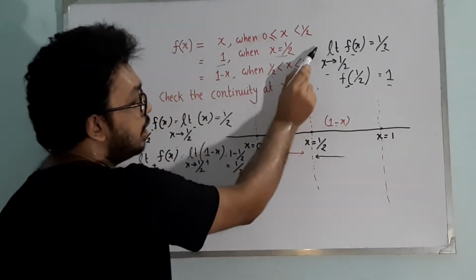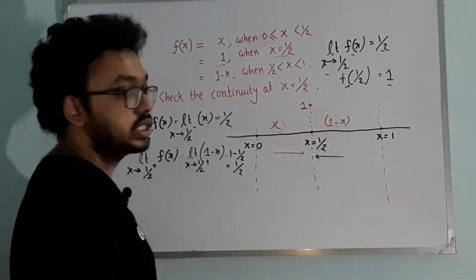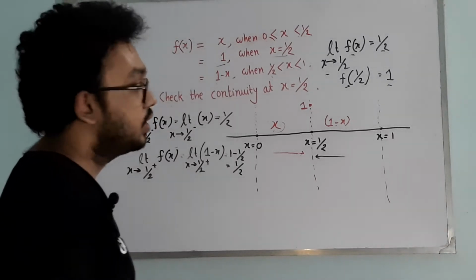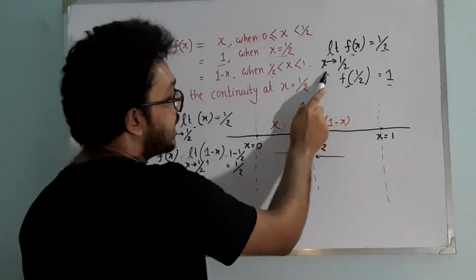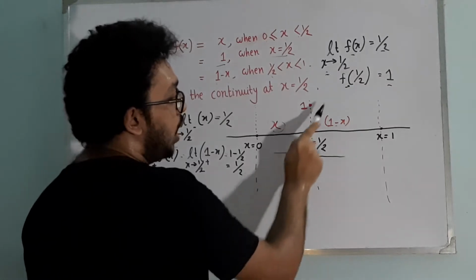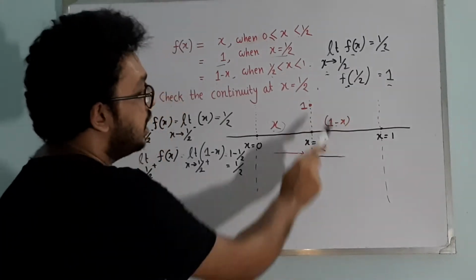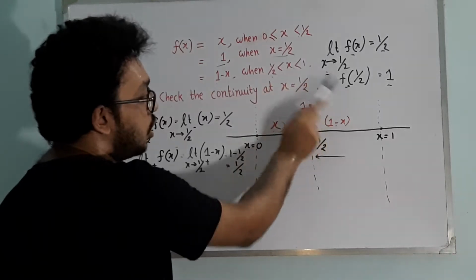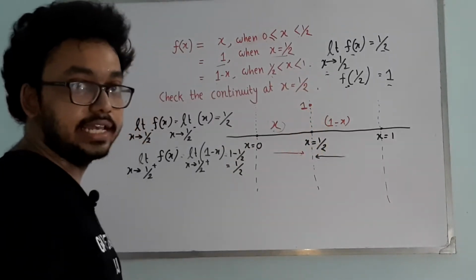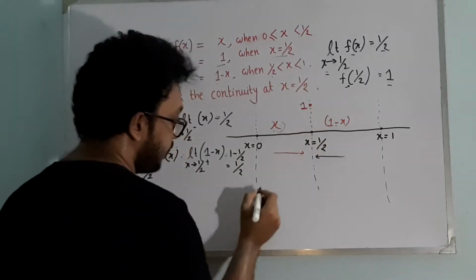So clearly the limiting value is not same as the functional value at x equal to half, right? The limiting value at x equal to half is half, while the value of the function at x equal to half is 1. So what do we have finally?